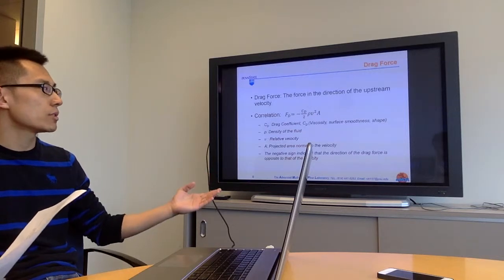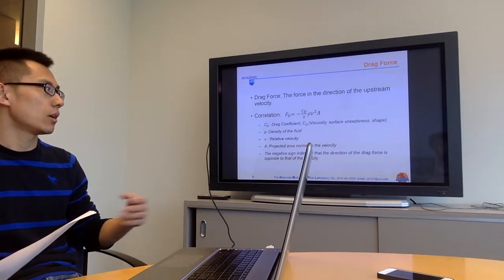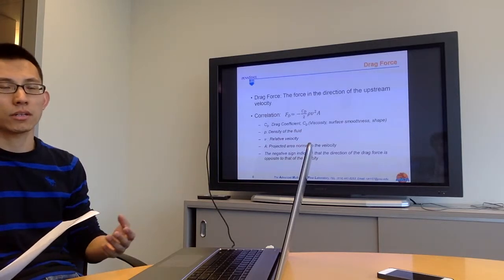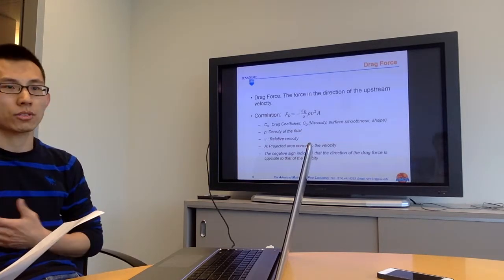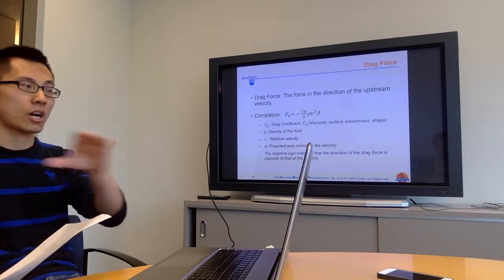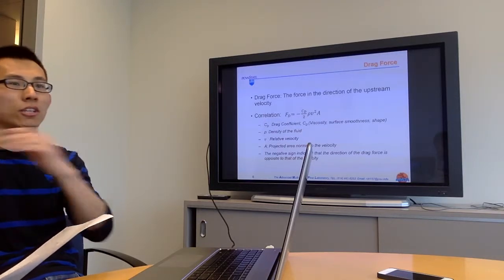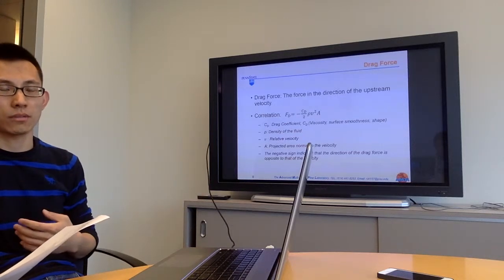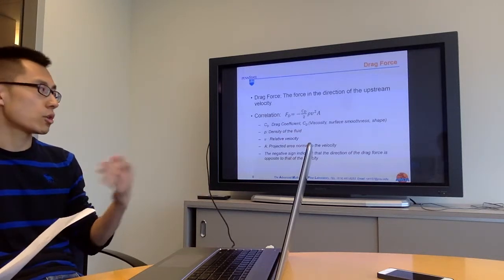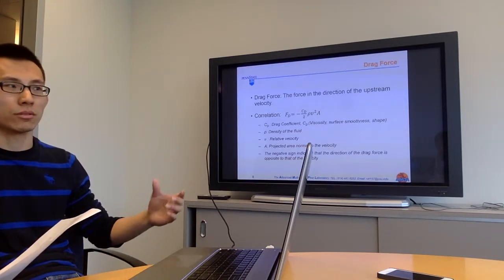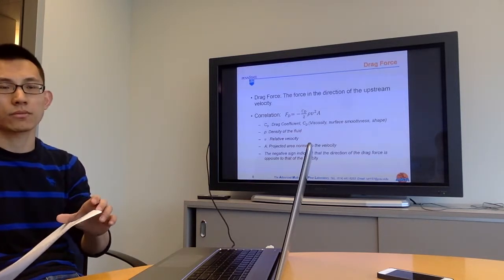The surface smoothness is about the object, like yourself in the air, it's the smoothness of yourself. Or if a car is moving in the air, it's the smoothness of the car. And the shape is also of the object. Yeah, so it's decided by the three. It's actually a combination of the fluid and the object.